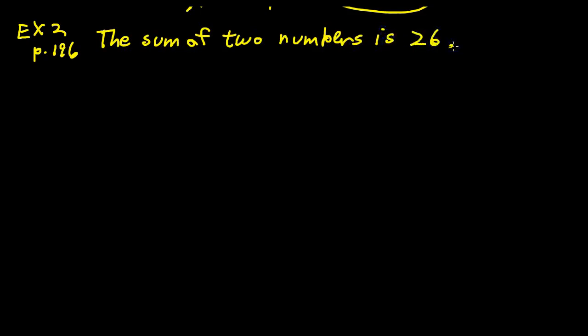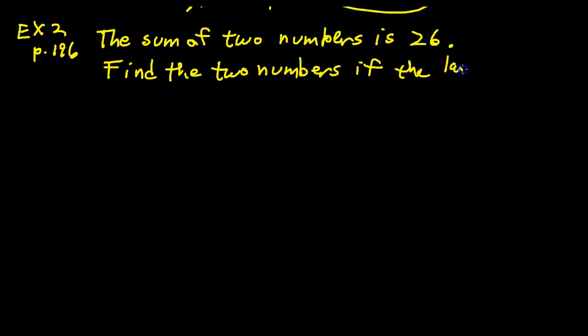Find the two numbers if the larger number is 2 less than 3 times the smaller number.